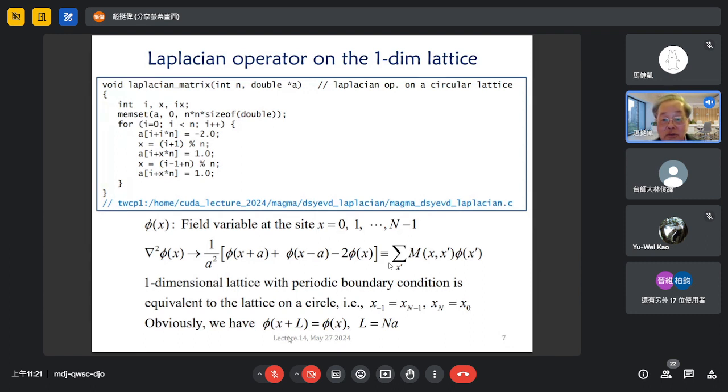So with this, that means we have phi(x + L) equal to phi(x), and that's the periodic boundary condition.